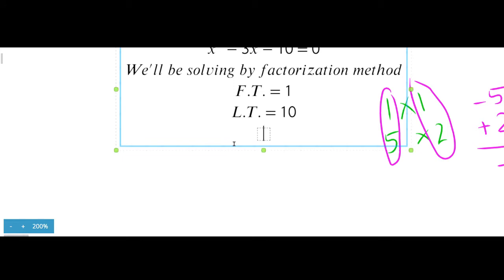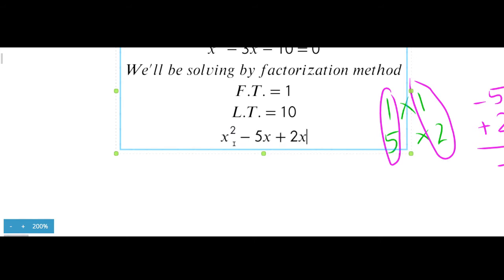I will write the equation now as x square minus 5x plus 2x minus 10 is equal to 0. You can now make pairs by applying the brackets, so it becomes easier.